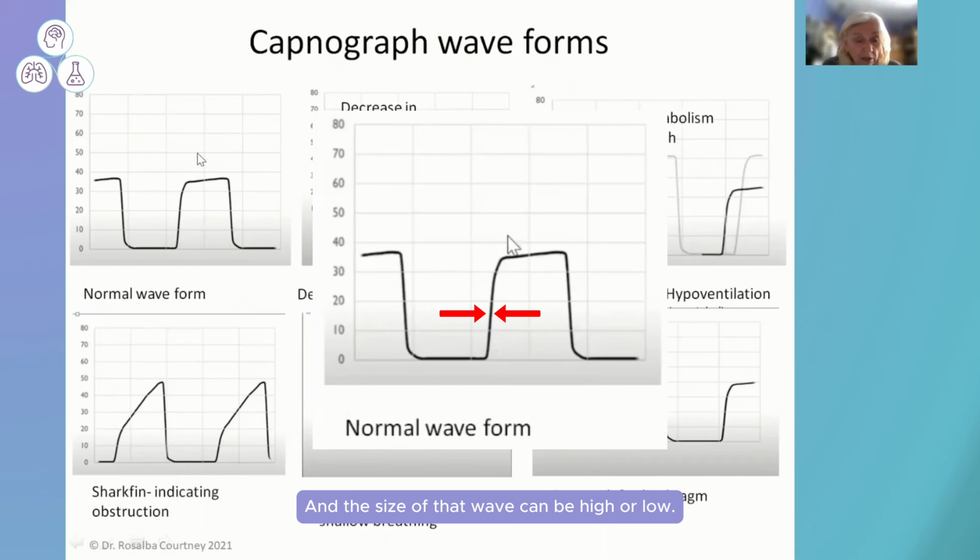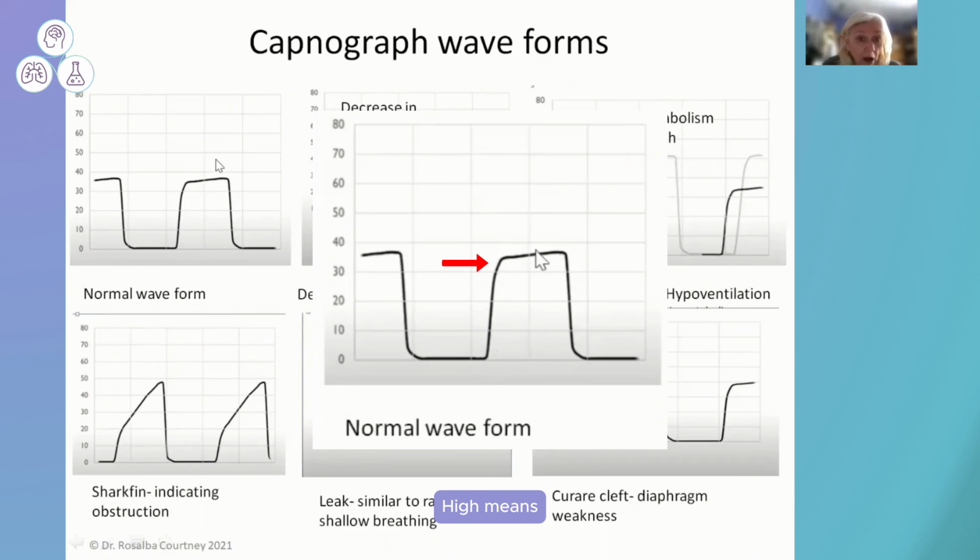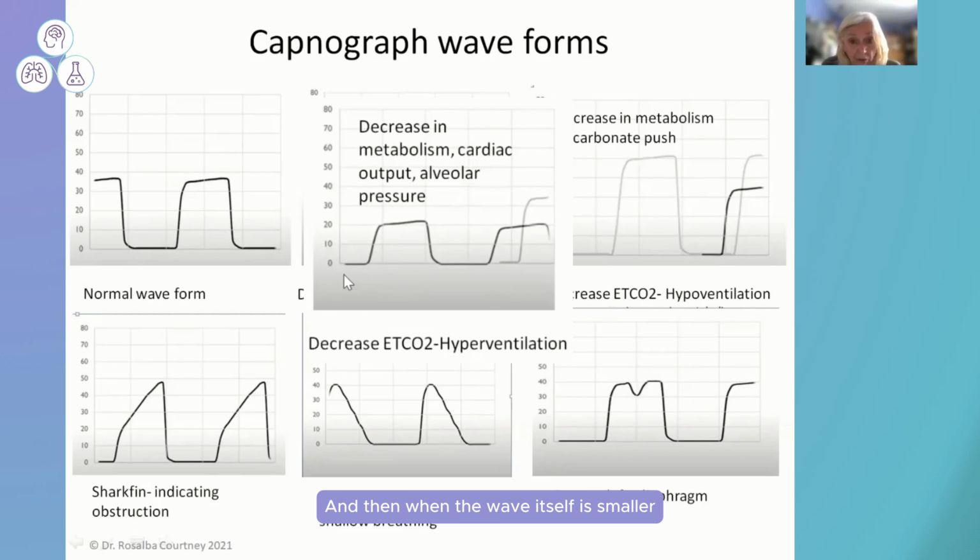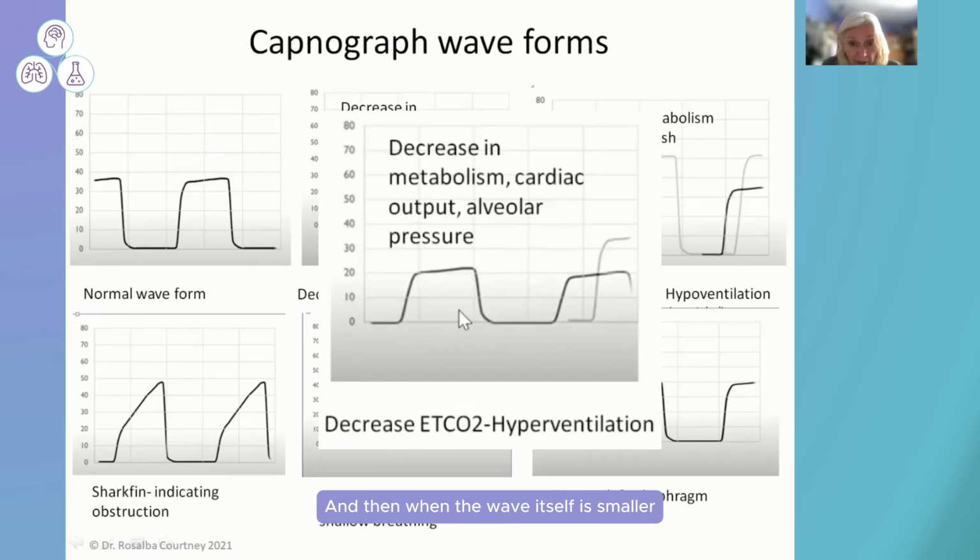And the size of that wave can be high or low. High means that you've got higher levels of CO2, and the top here is the exhale, the bottom is the inhale. And then when the wave itself is smaller, that means you've got a lower level of CO2.